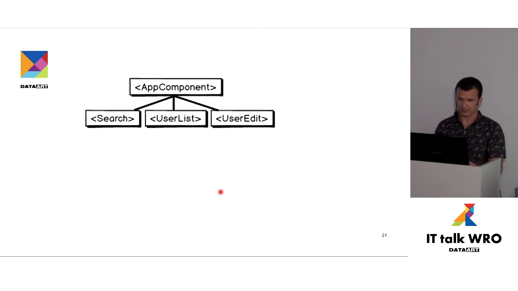Here we have our components tree, and for example, in Angular 1, we have two-way data binding by default, which means that anything could change anything else, which makes that flow a little bit chaotic. And in Angular 2, the flow of information is unidirectional.